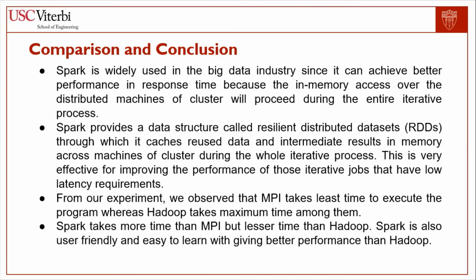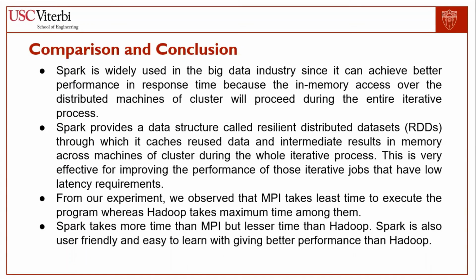Spark provides a data structure called resilient distributed datasets, through which it caches reused data and intermediate results in memory across machines of the cluster during the whole iterative process. This is very efficient for improving the performance of iterative jobs that have low latency requirements.